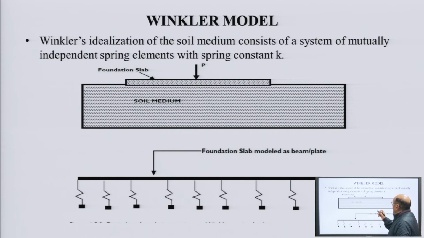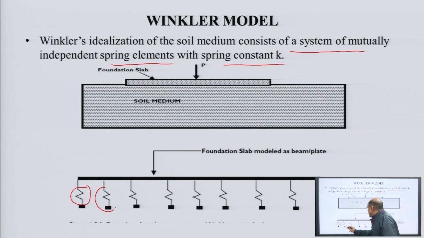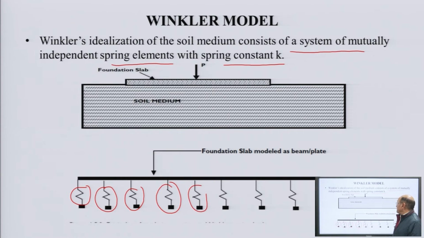So, Winkler's idealization of the soil media consists of a system of mutually independent spring elements with the spring constant k. See here, his assumption is that the total mass is now sitting on a series of springs having a spring constant k, but these all springs are acting individually.